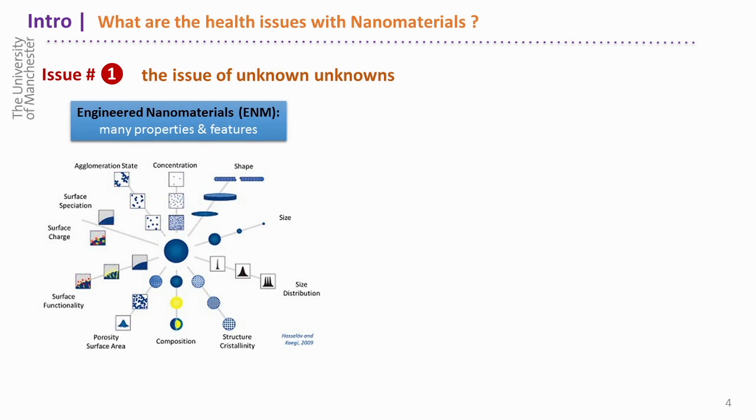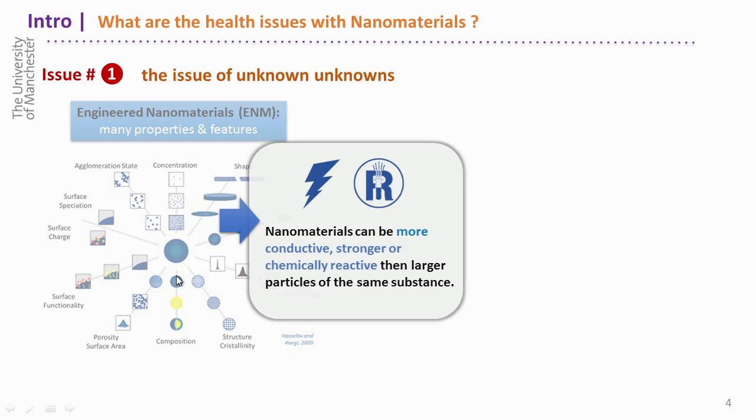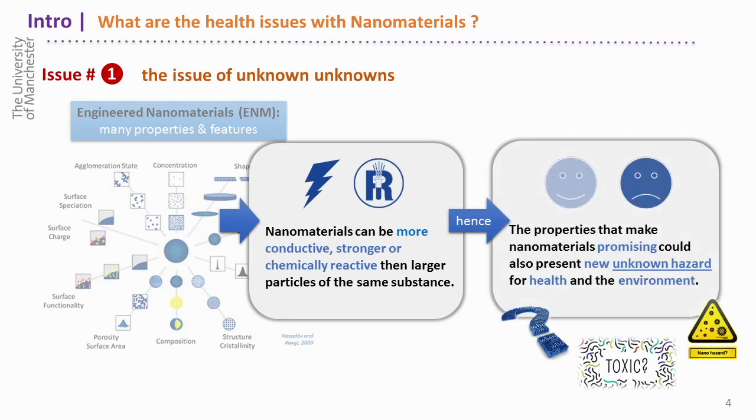Now you are very familiar that nanomaterials have many different characteristics. Here is a summary of all the different characteristics you can have. This gives fairly interesting properties, as you will know. And obviously, these promising properties can also induce hazard.